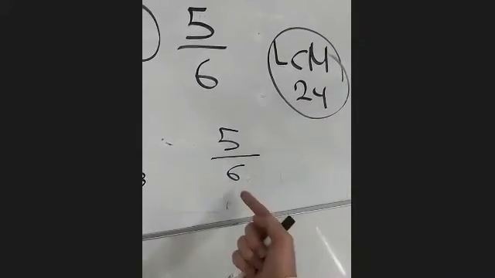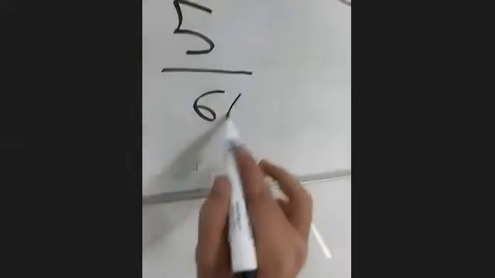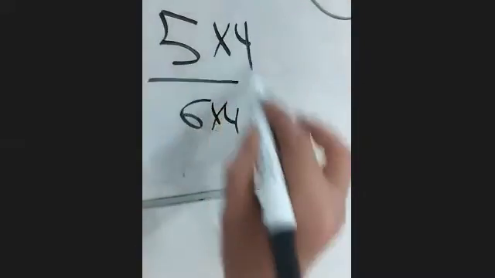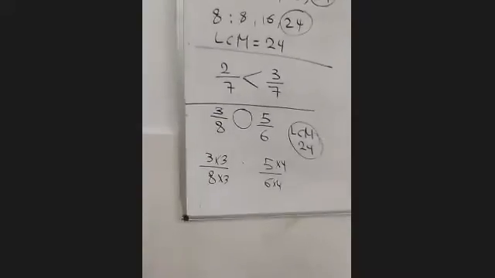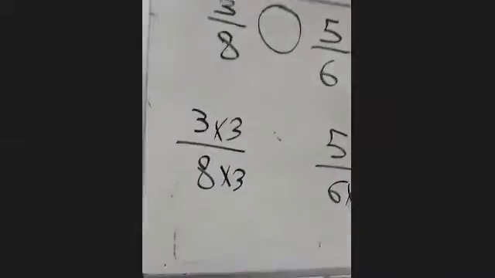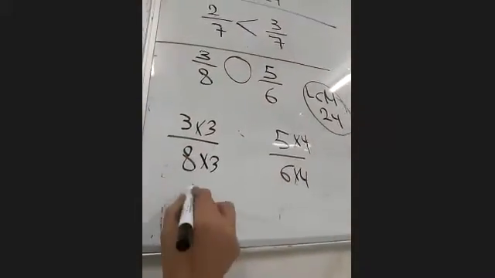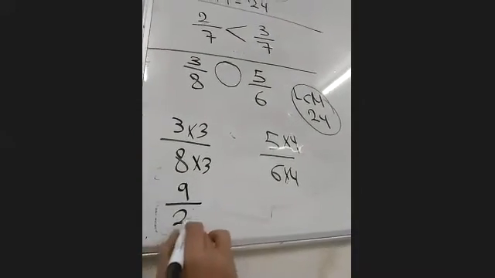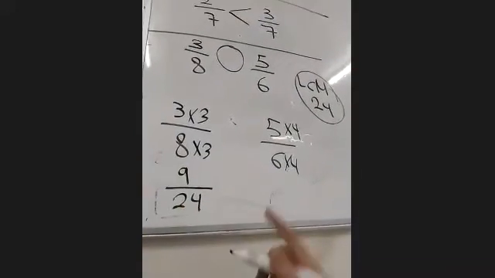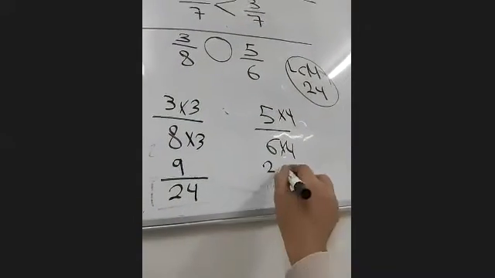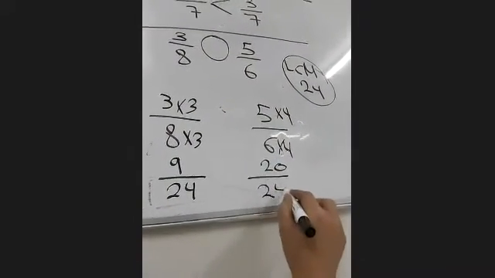By multiplying 6 with 4. So here I'll multiply down with 4 and up with 4 also. Now let's simplify the multiples. 3 by 3, 9. 8 by 3, 24. Here 5 by 4, 20. And 6 by 4, 24.